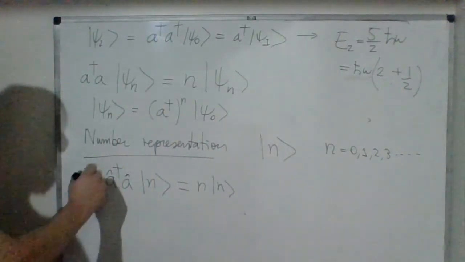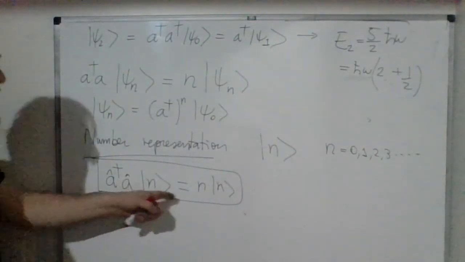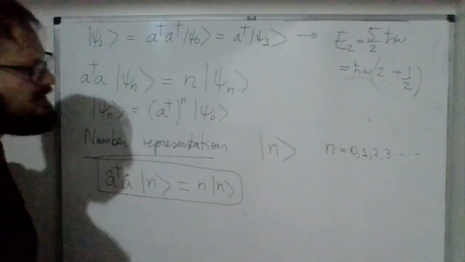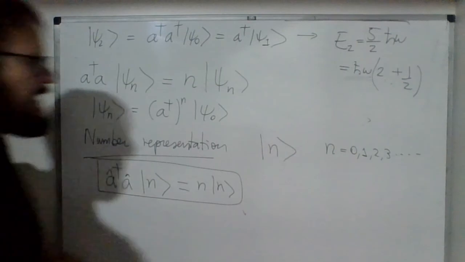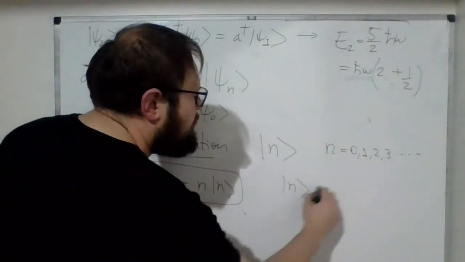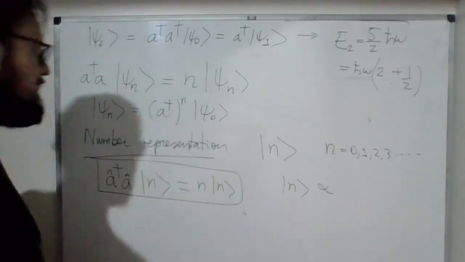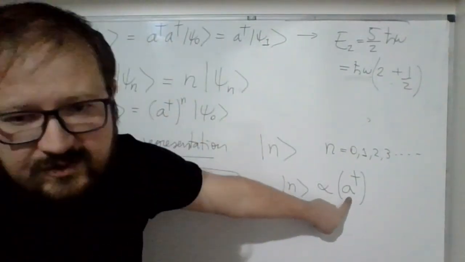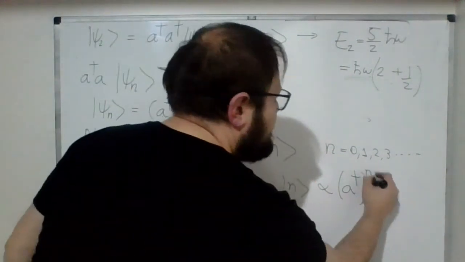And the application of this operator to some of those states produces the eigenvalue, which is an integer number, all right? And the states n are proportional, apart from some normalization, to the application of this operator, which corresponds to some creation, n times to the vacuum state.